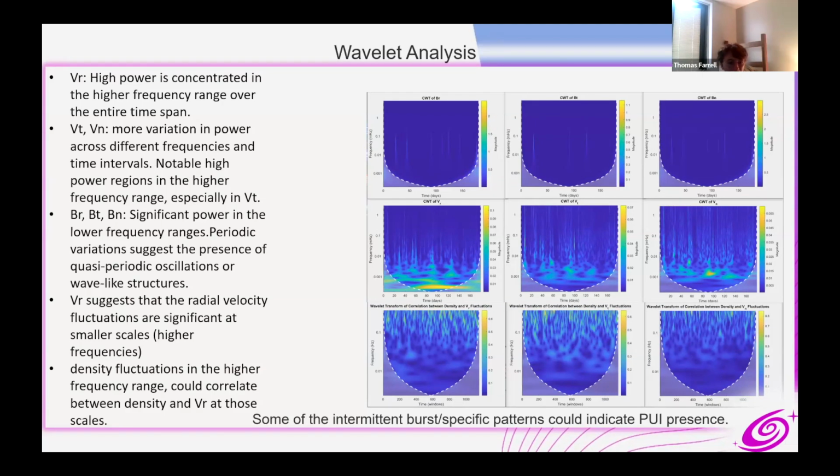And down at the bottom are wavelet correlations between density and V, in an effort to see if there are any disruptions in the two correlations we are investigating. I don't really know what I could make out from this, but I think it was important that I had compiled this all together.